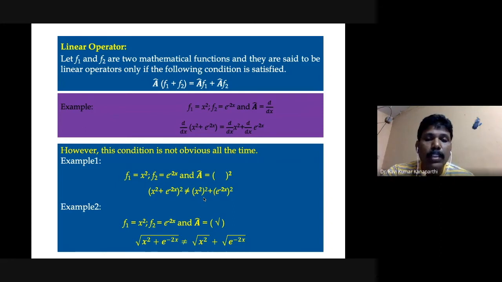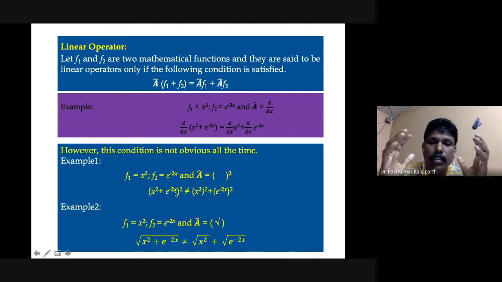So when you do this, the answer on the left hand side and right hand side will not be the same. You can just verify it. Here, x square plus e to the power minus 2x, and then the square of this one. You know that a plus b whole square means a square plus b square plus 2ab.